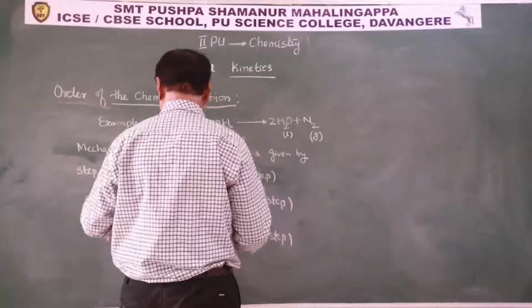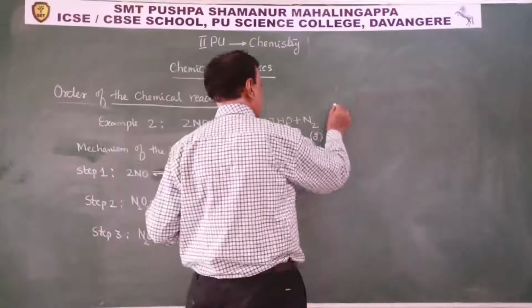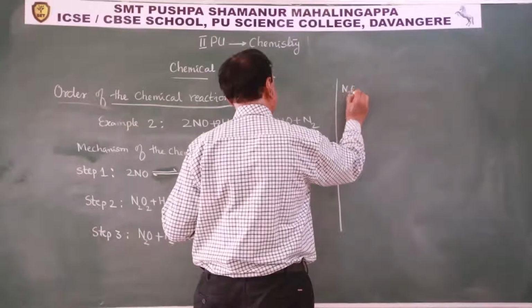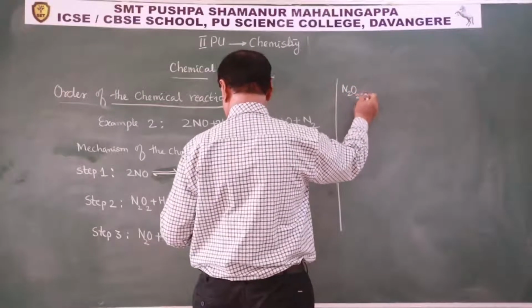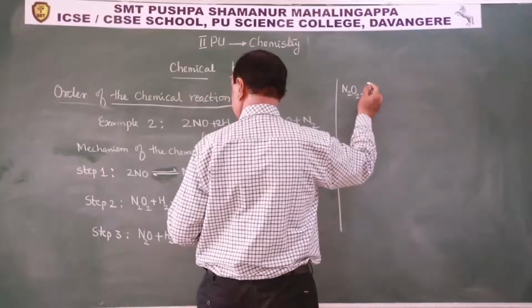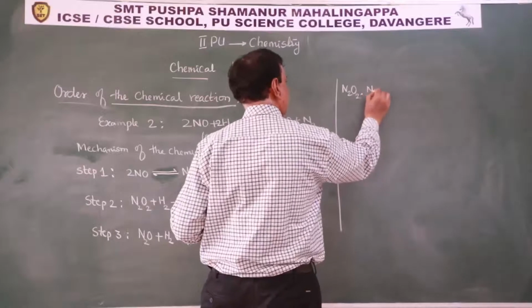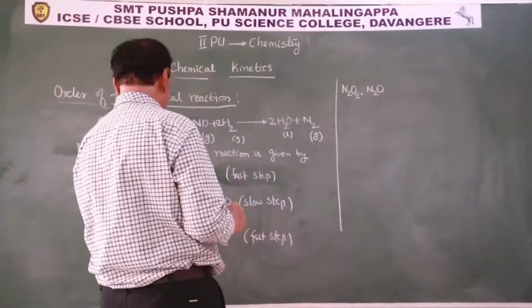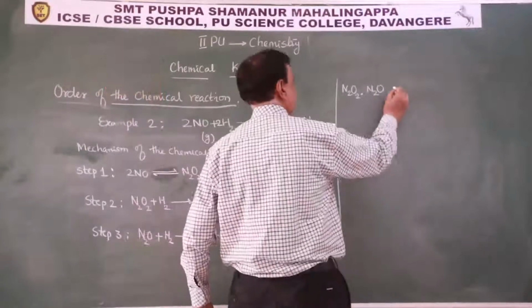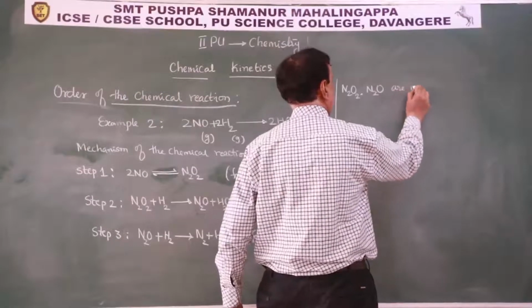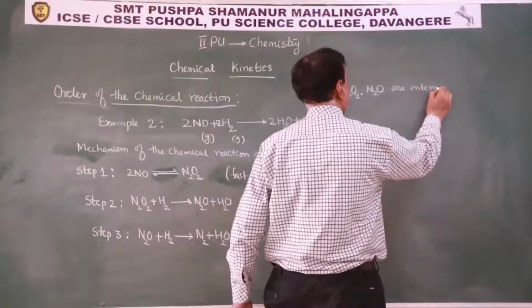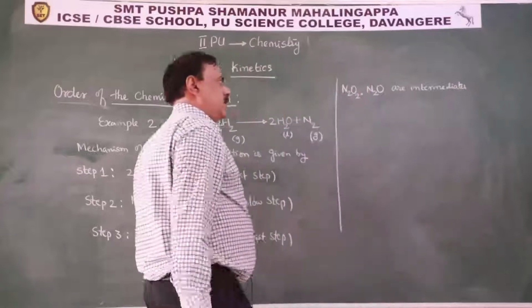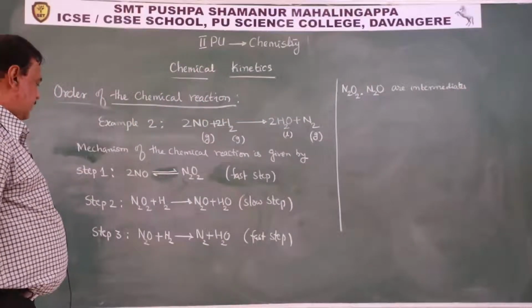Now, the intermediates are N2O2 and N2O. This is an intermediate and this is an intermediate.